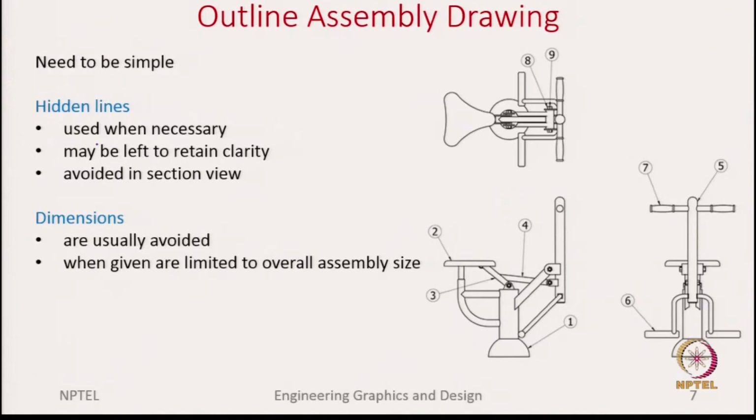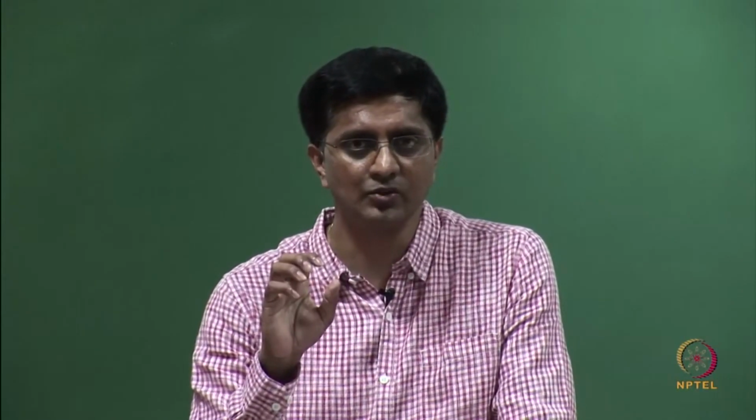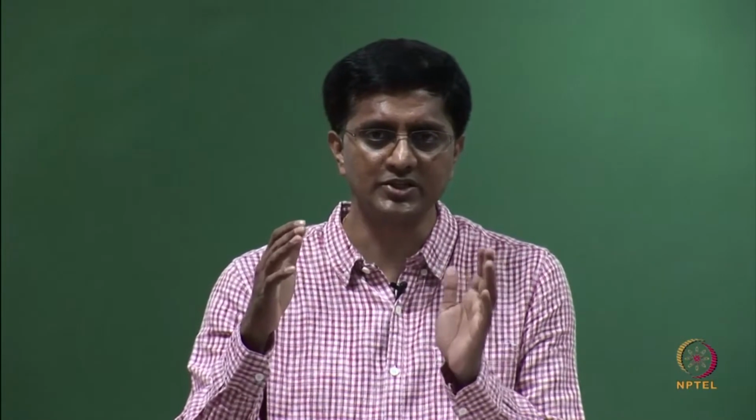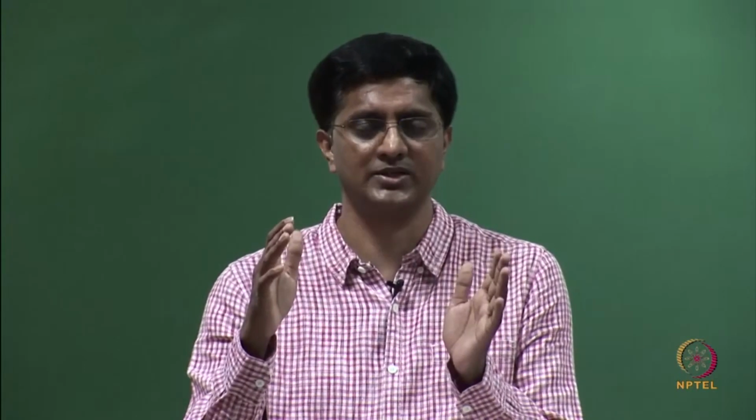Next, regarding the dimensioning, again dimensioning should be avoided, because we do not want to complicate the drawing and make it complex, so that it becomes difficult to read. But sometimes you still go ahead and do the dimensioning, especially when you want to show the overall dimensions of the assembly, as well as the distance between a few critical parts.